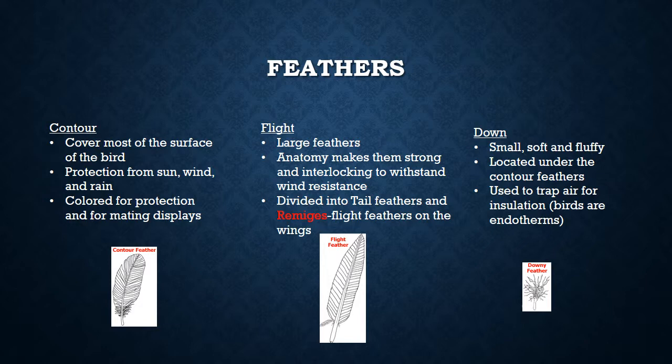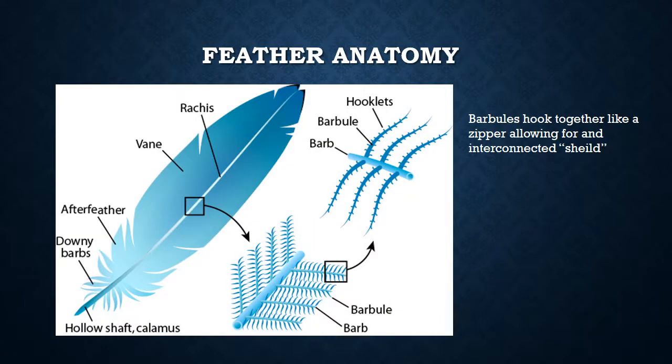That small, soft, fluffy feathers that are located under the contour feathers. And they're used for insulation to keep the birds warm, because the birds are endotherms. And these are the ones, of course, that we use in our jackets or our pillows or that sort of thing. So they're very soft and help in insulation.